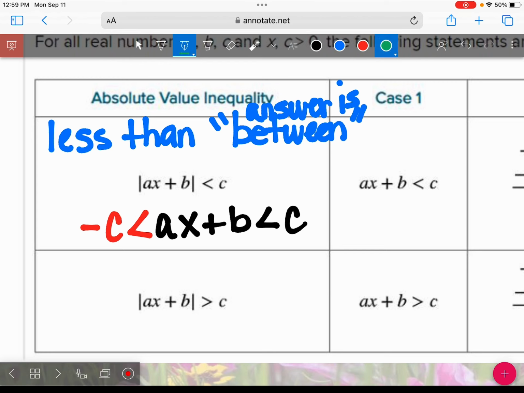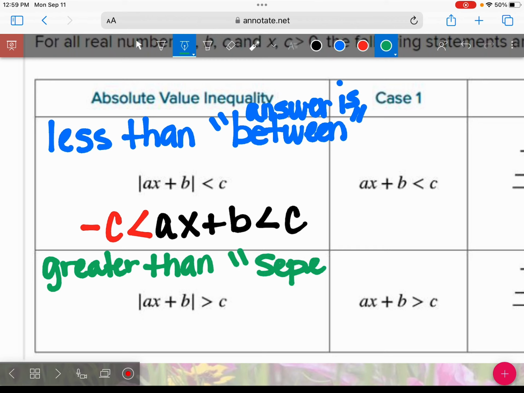And the other kind of inequality is greater than. When it's greater than, we separate it into two. So my first inequality, I just drop my absolute value.